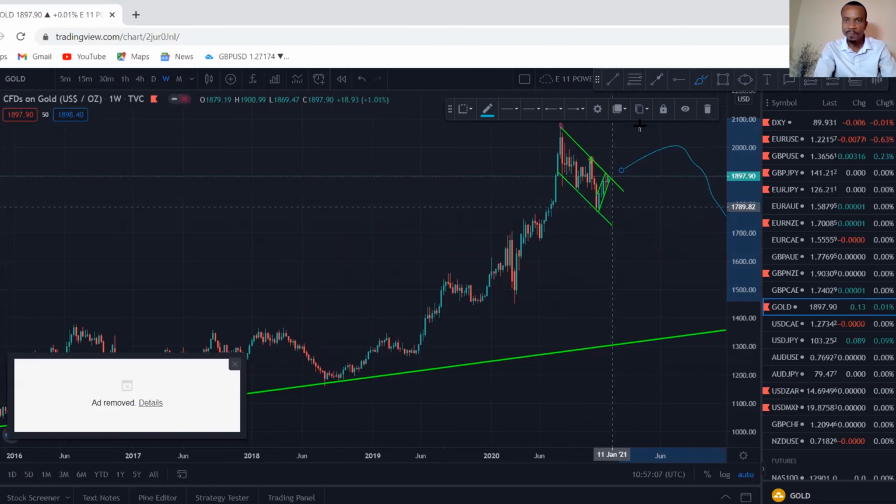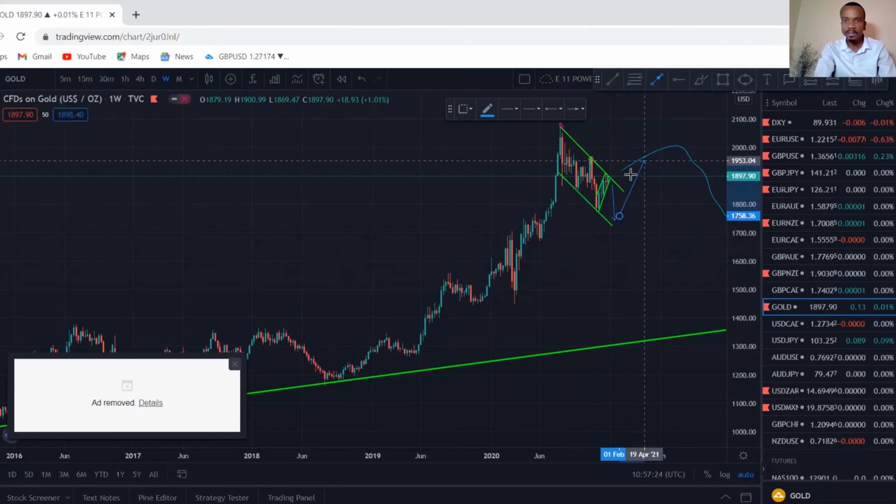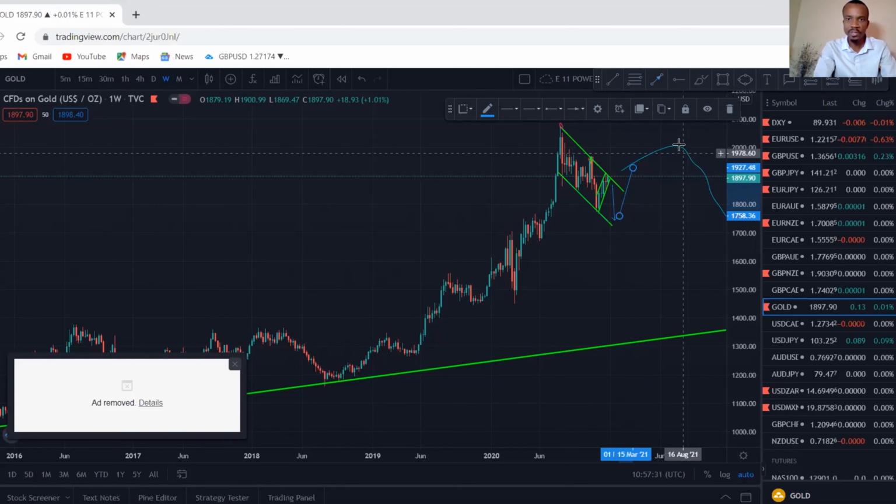If price doesn't break at the third touch, price may go to the downside around this area, and then decide to push up and break out of there, forming that monthly target, where we anticipate price might form an M formation or double top, then shoot down and test this trend line.